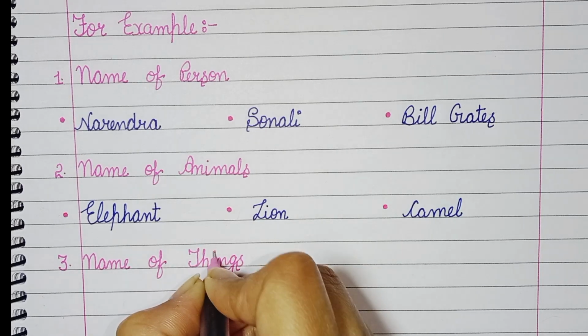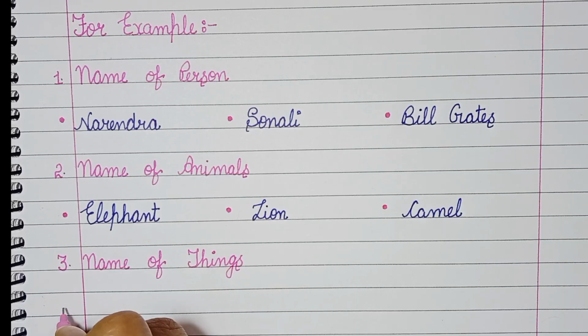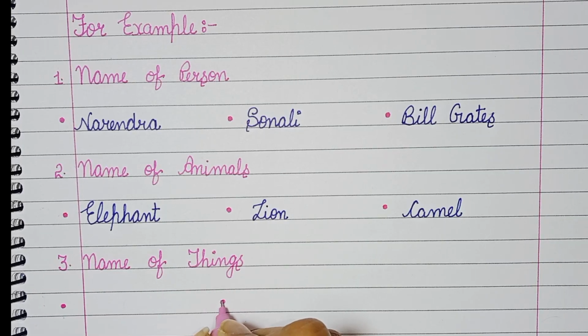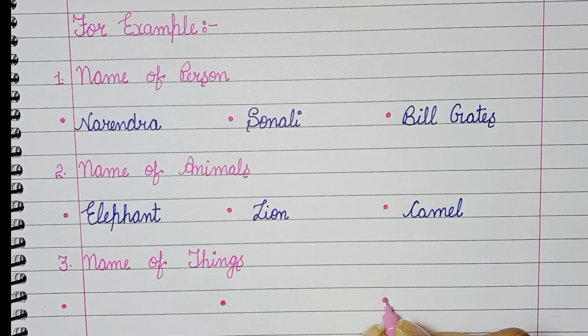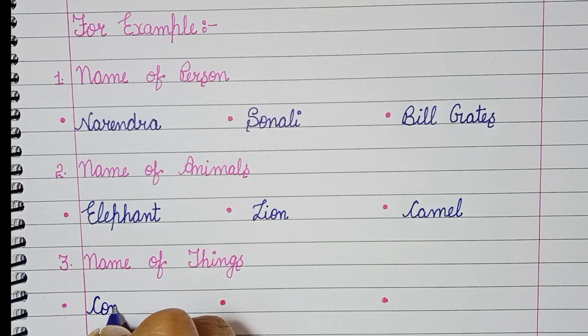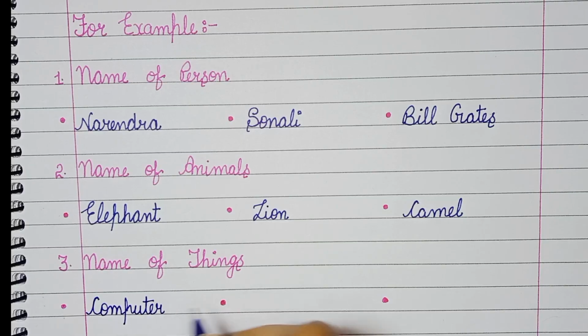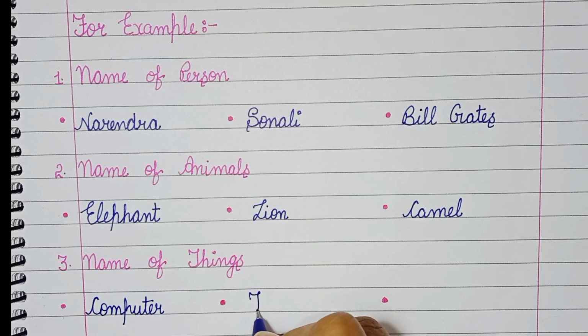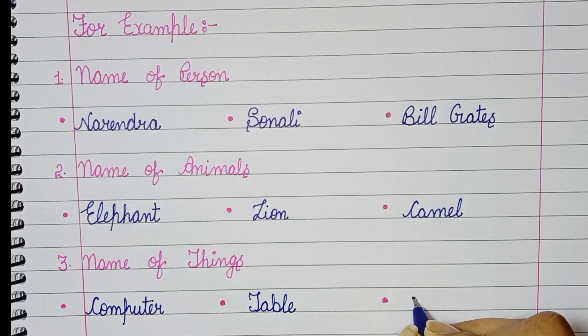Third one is name of things. Computer, table, crane.